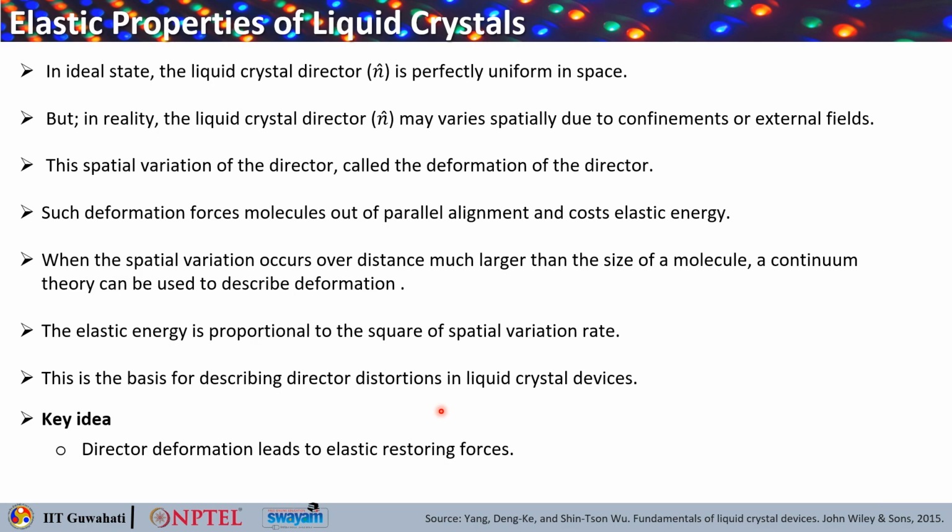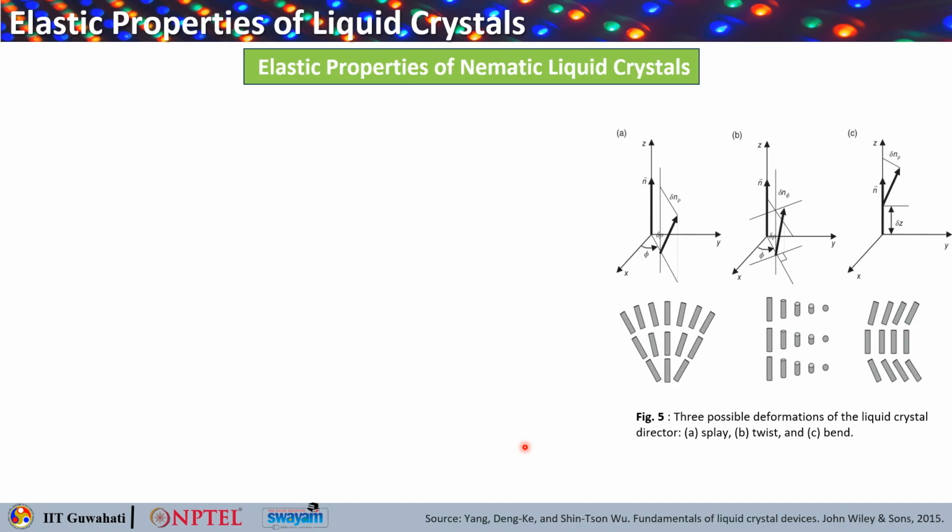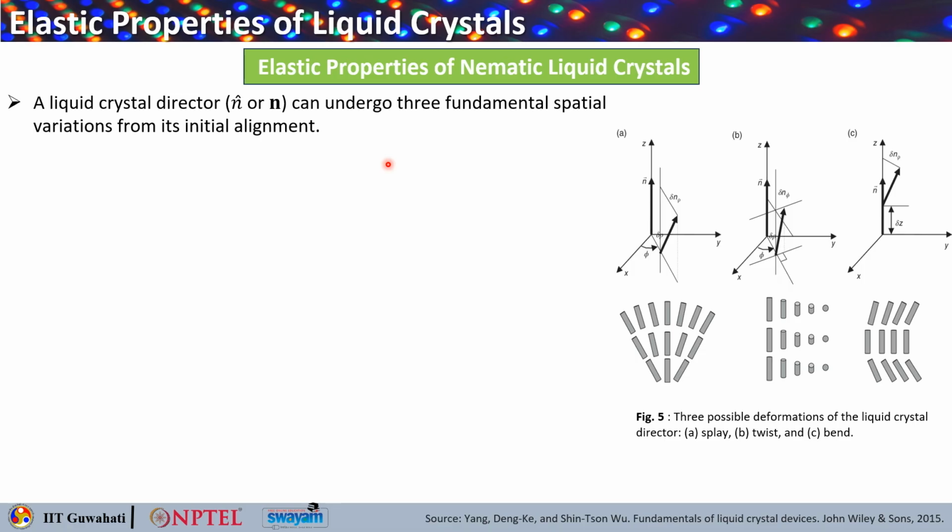So what is the key idea here? The director deformation leads to elastic restoring forces. Here you can see the elastic properties of the nematic liquid crystals. The first thing is that a liquid crystal director n cap, or n, can undergo three kinds of fundamental spatial variations from its initial alignment.